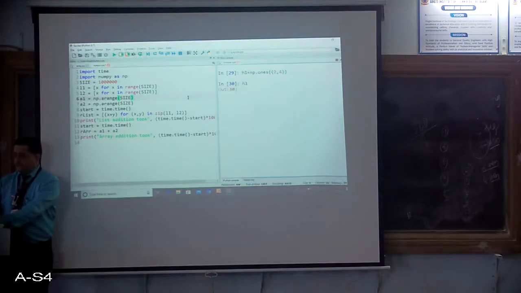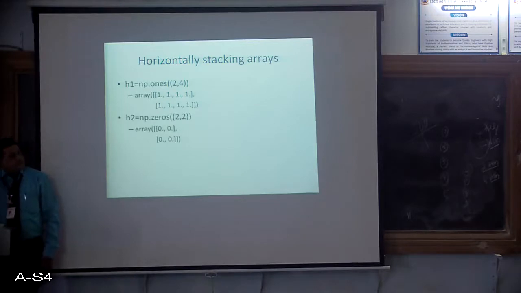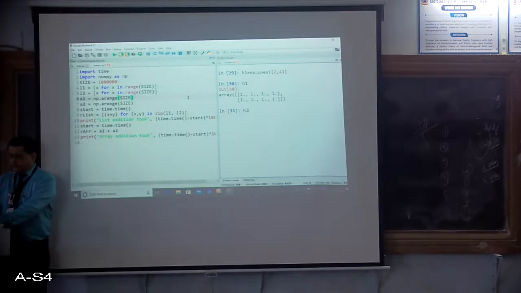So this is how H1 looks like, and we will create another array H2 whose dimension is 2 by 2. That is H2 equals np.zeros 2, 2. H2 will now look like this.